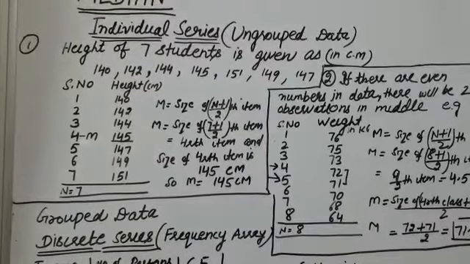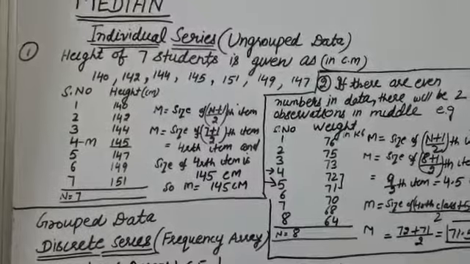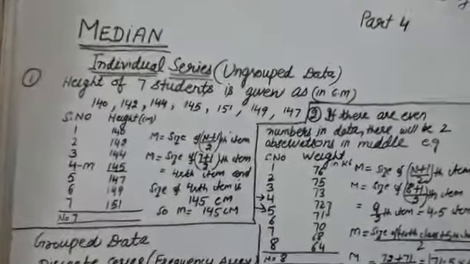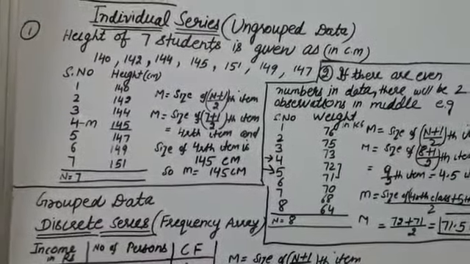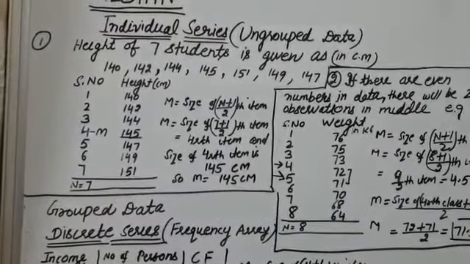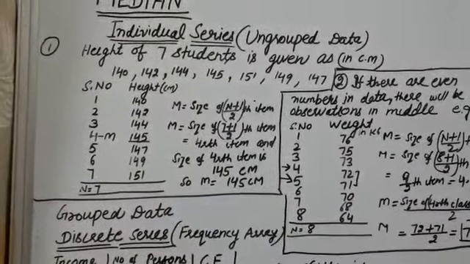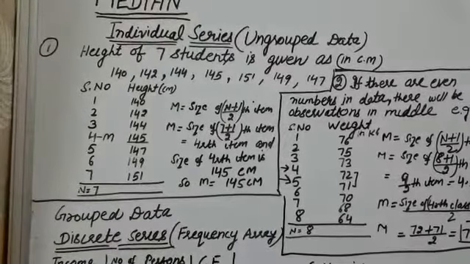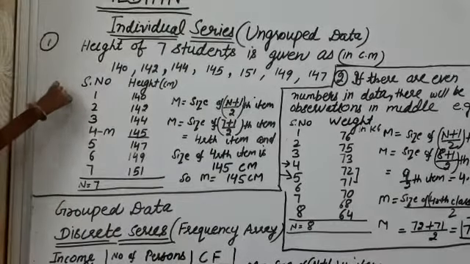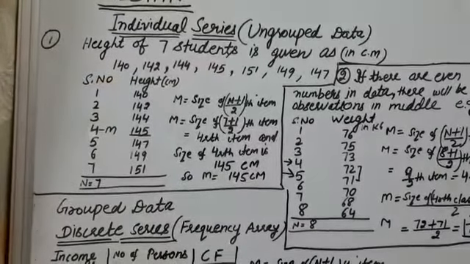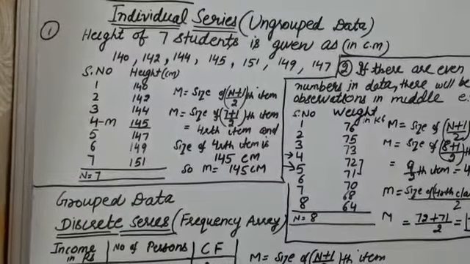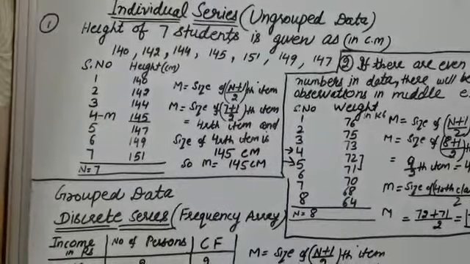Height of 7 students is given as 140 centimeter, 142, 144, 145, 151, 149, 147. Then the first step is to arrange these heights in ascending or descending order. Here we have arranged the heights in ascending order: 140 centimeter, 142, 144, 145, 147, 149 and 151.